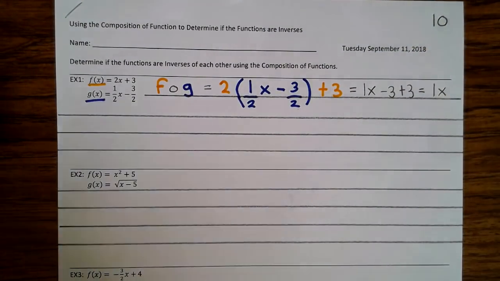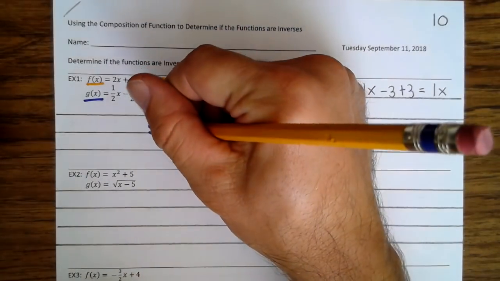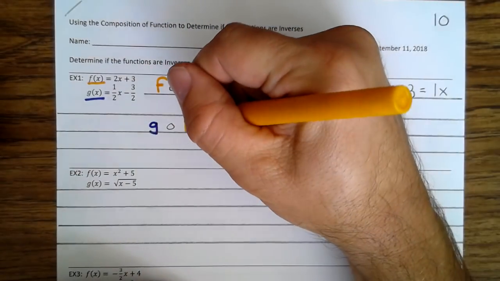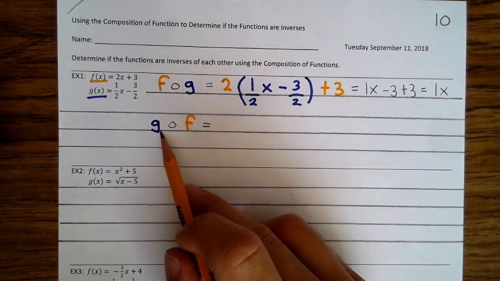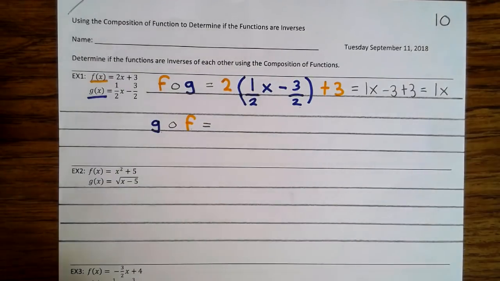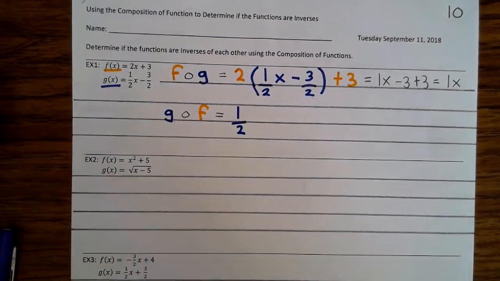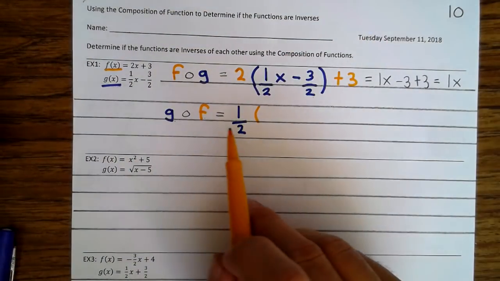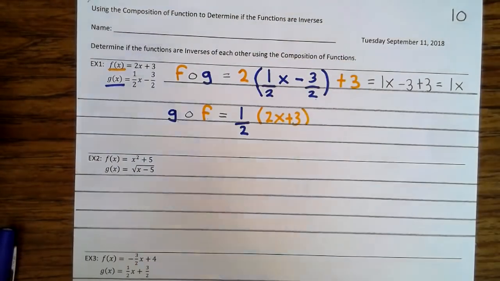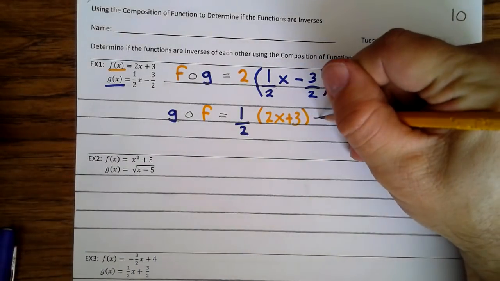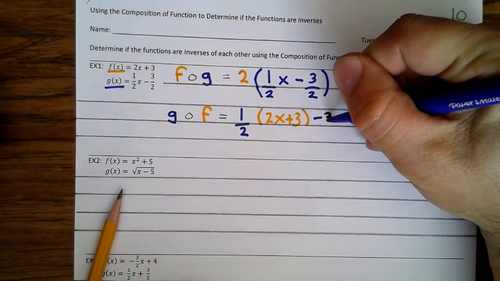So now let's do g of f. So in this case, we're going to put the function f into g. So we have 1/2, and we're putting f of x in for x. So that's 2x plus 3, minus, make sure you use the color, minus 3 divided by 2.